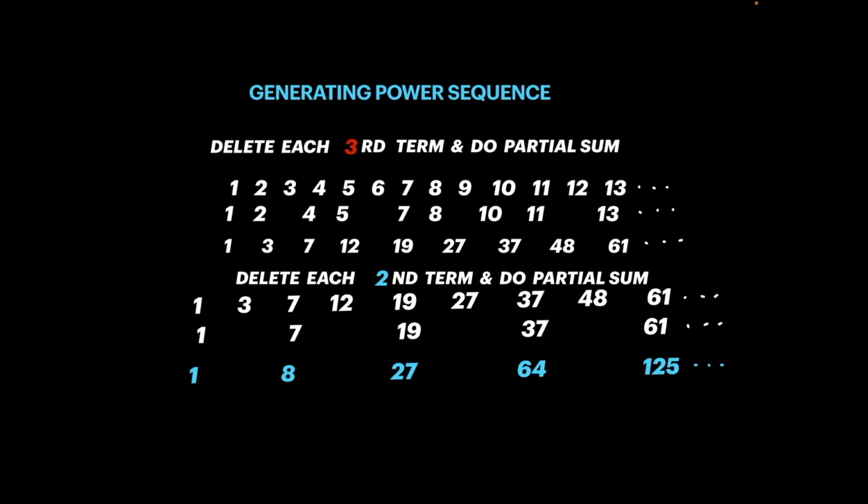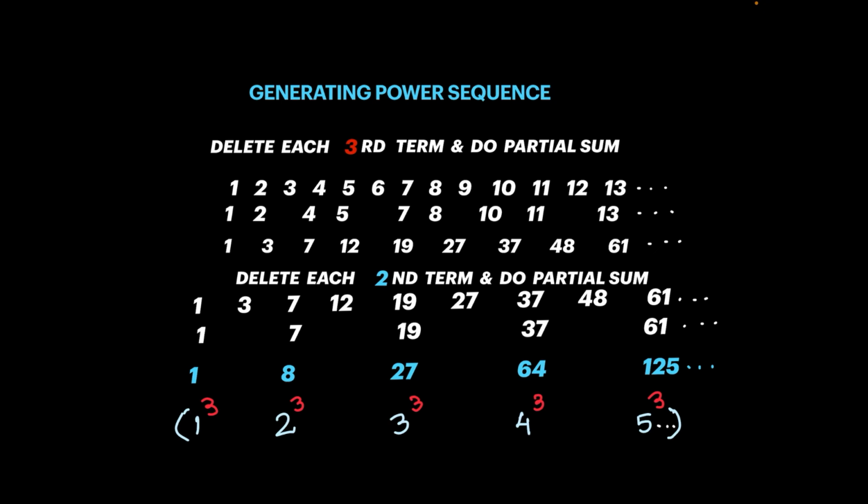So we get the sequence 1, 8, 27, 64, 125. This sequence is very interesting, because the sequence is 1 cube, 2 cube, 3 cube, 4 cube, and 5 cube, and so on.